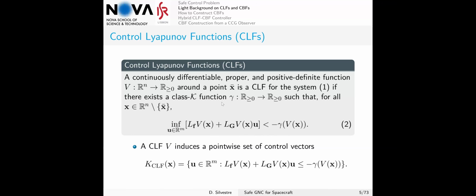So this stuff right here, as we've seen so far, this is V dot. And this just tells you V dot is smaller or equal than some class K function of V, so that induces asymptotic stability. And I want to make it explicit, as I've seen in one of the slides as well, that we are trying to select a u vector from a set of possible control vectors.